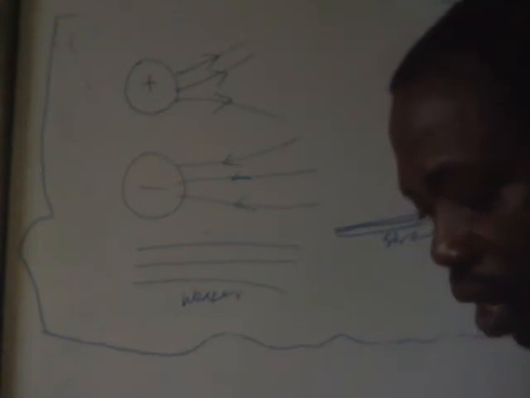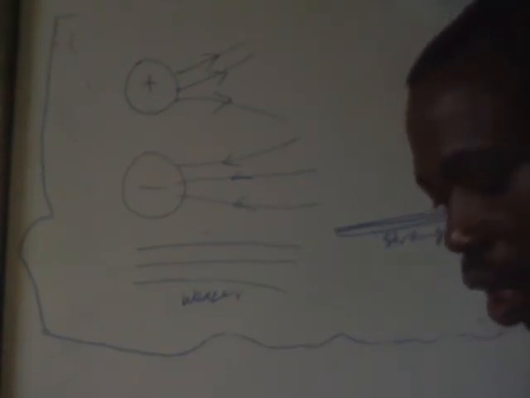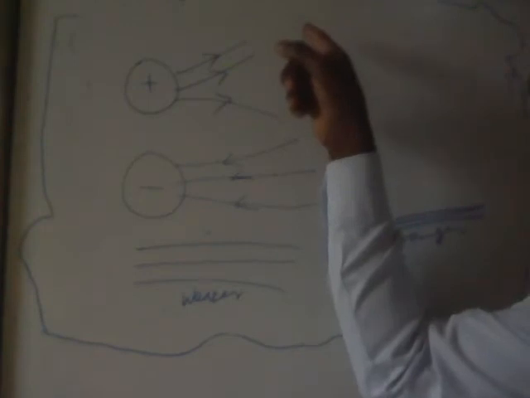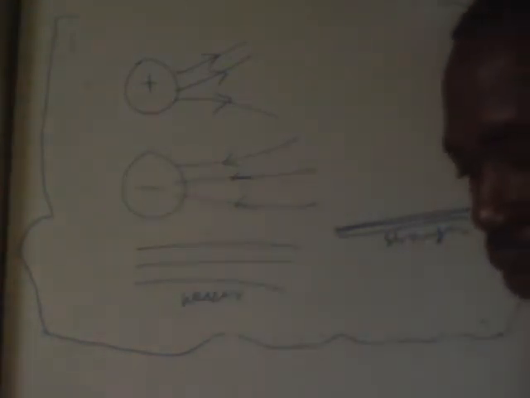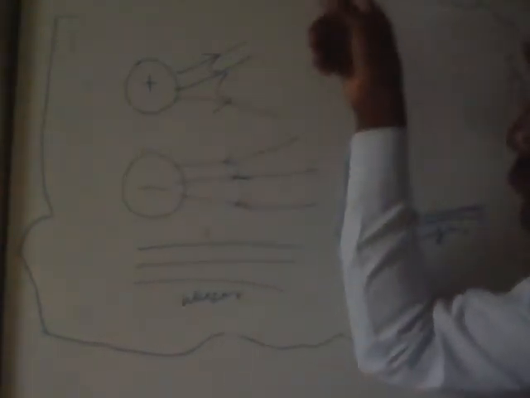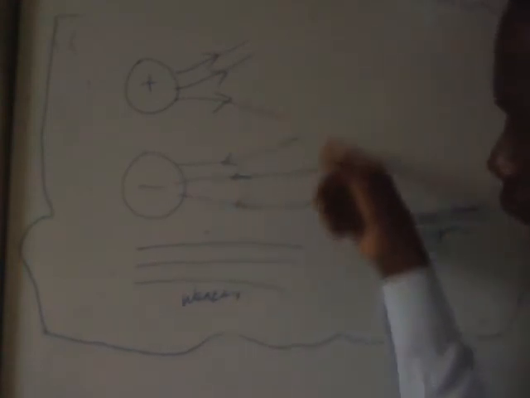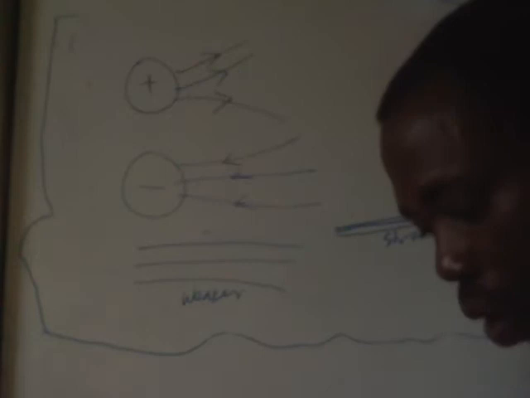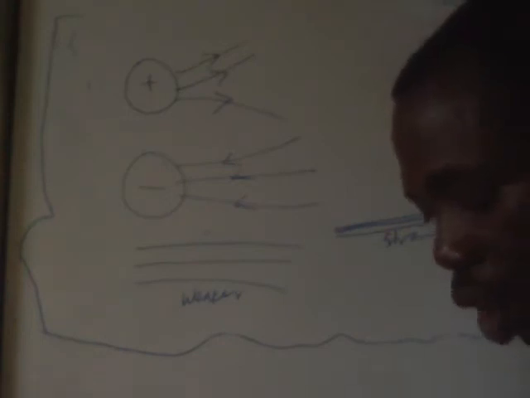Option C, lines start at a negative charge and end on a positive charge. No, the lines start on a positive charge and end on a negative charge. That is equally wrong.